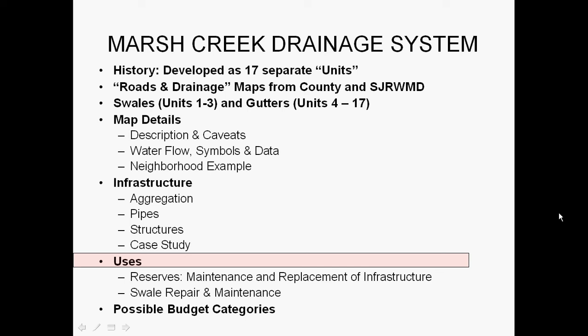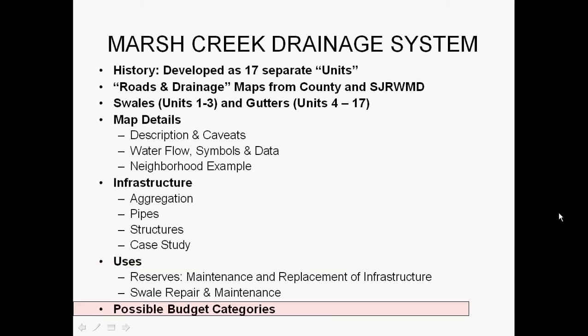How do we use this stuff? So how's this stuff relevant? There's two areas. One is in the reserves, to establish the reserve requirements. It's useful to do that. And the other one is to use as a baseline for any repair work that needs to be done.